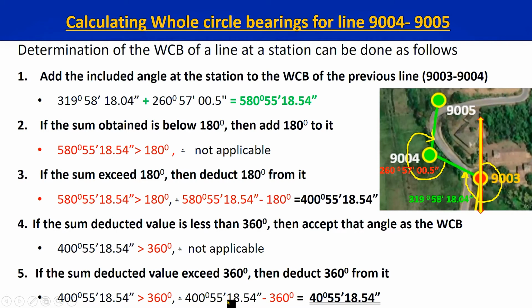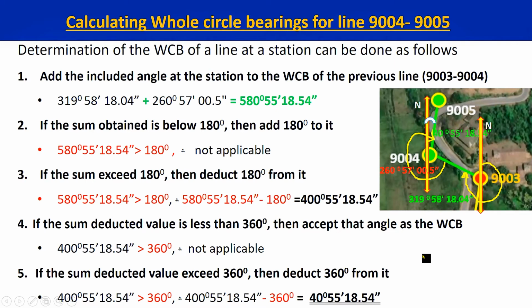Clearly this 400 degrees is greater than 360 degrees, so we deduct 360 degrees from 400 degrees and get 40 degrees, 55 minutes and 18.54 seconds as the whole circle bearing to the 9004, 9005 line. So we can mark it in the figure.